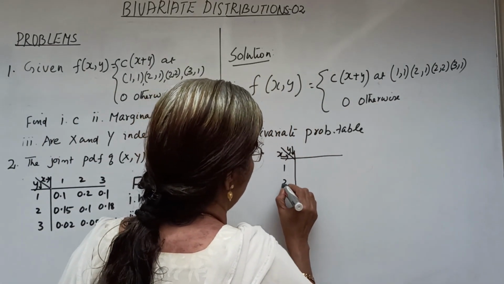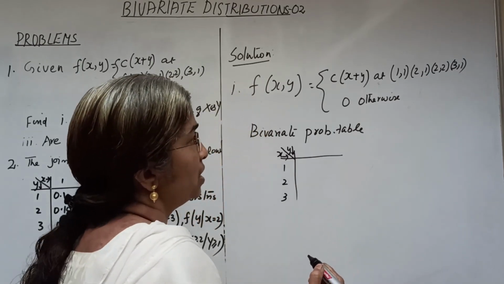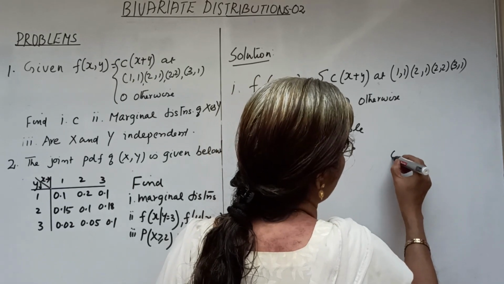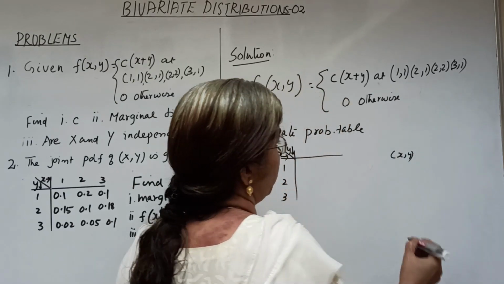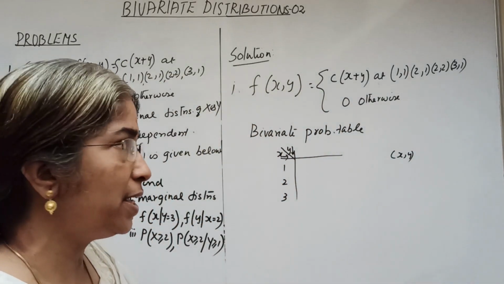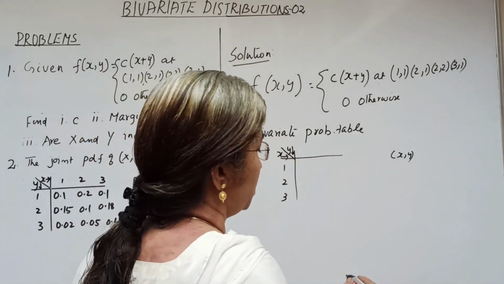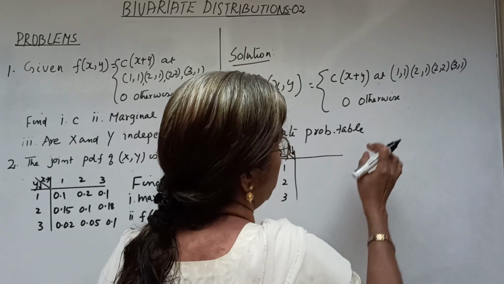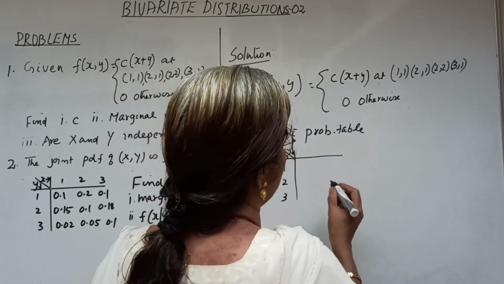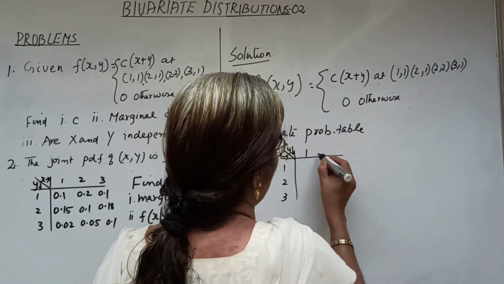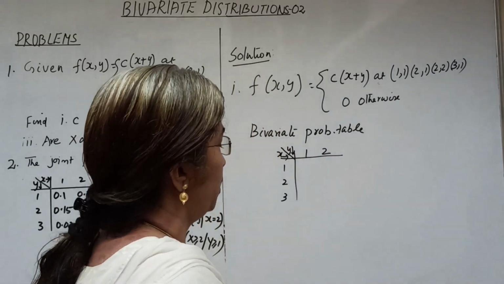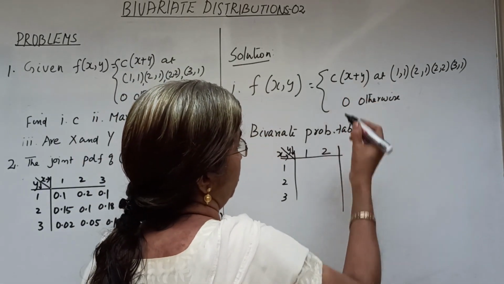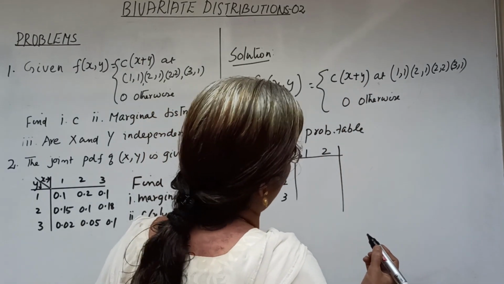The pairs are given by (x, y), so the first value represents x and the second value represents y. So x takes the values 1, 2, 3 and y takes the values 1, 2 only. And the function is given by c into x plus y.